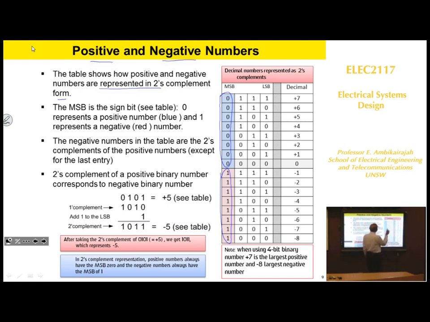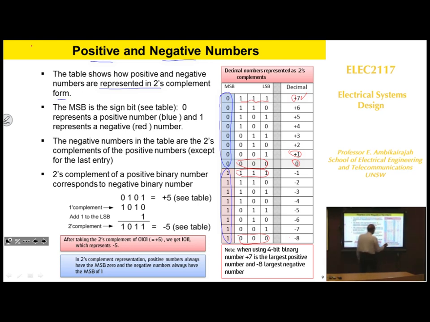So if that is positive, this is 7. That one is all zeros. This is positive 1. And then these are the negative numbers. This means minus 1. Yes, it's 1 here, so it means minus 8.